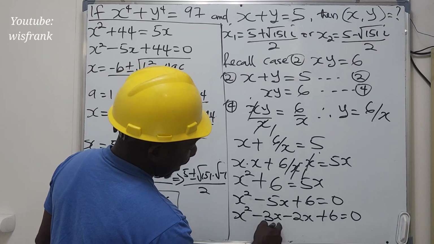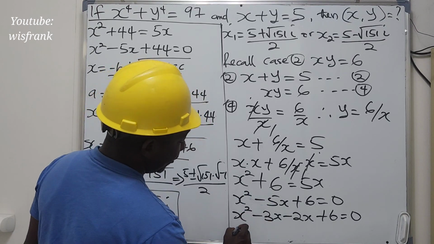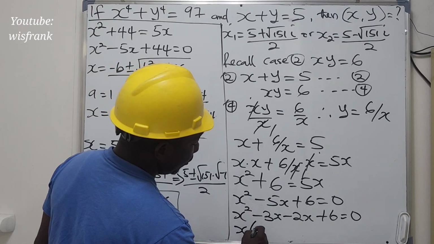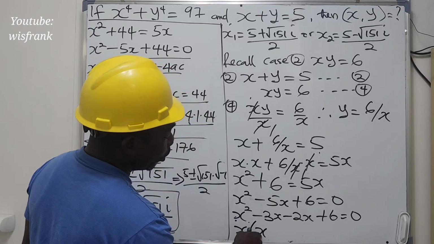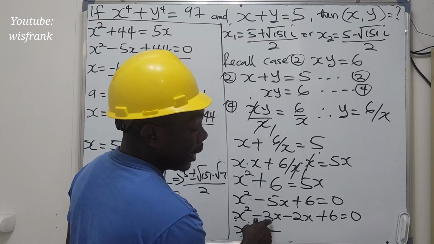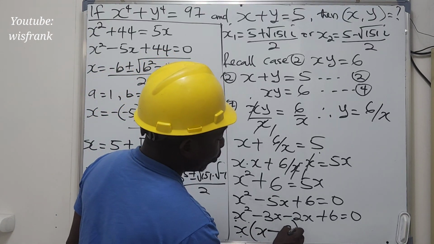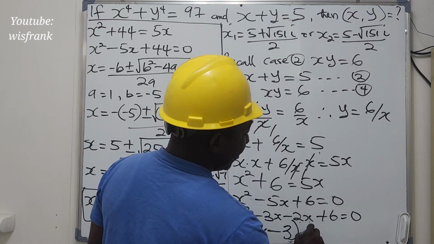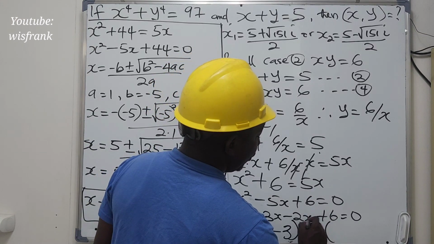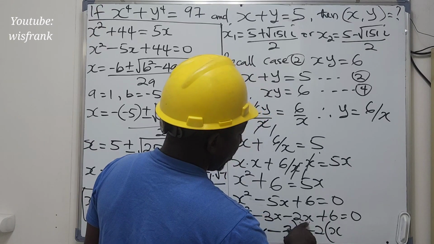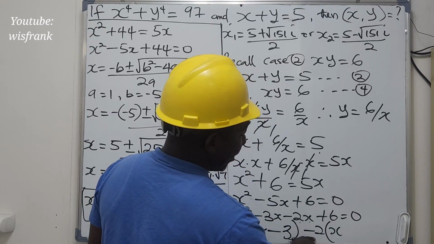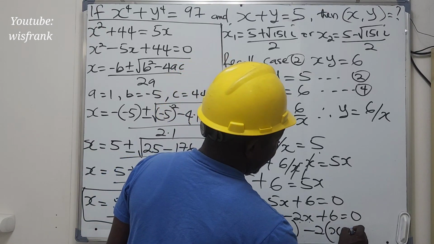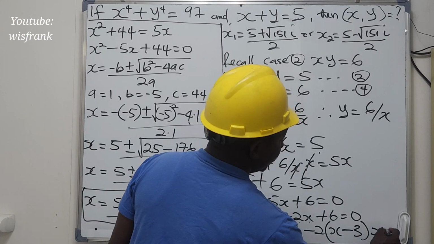In this and this, x is a factor. So here will become x into x, dividing the whole of here by x will give us x, minus dividing 3x by x will give us 3. So we have here 2x and 6. 2 is a factor. So we have minus 2 into x. So here we have 6 divided by minus 2 will give us minus 3, all equals 0.